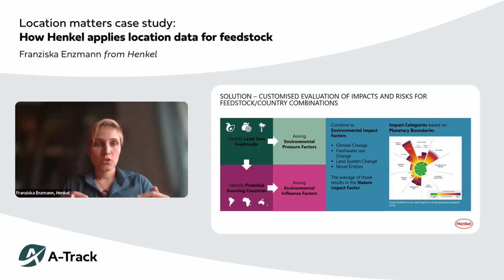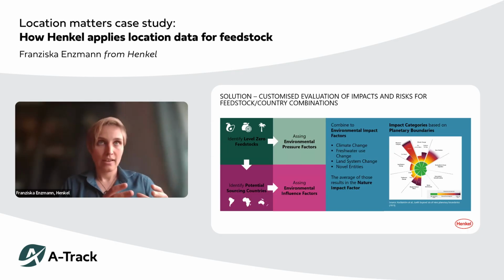And then on the other hand, we took all the potential sourcing countries and we assigned so-called environmental influence factors. That reflects the current status of the ecosystem that is present in that country, basically. So we stick to the example of water.